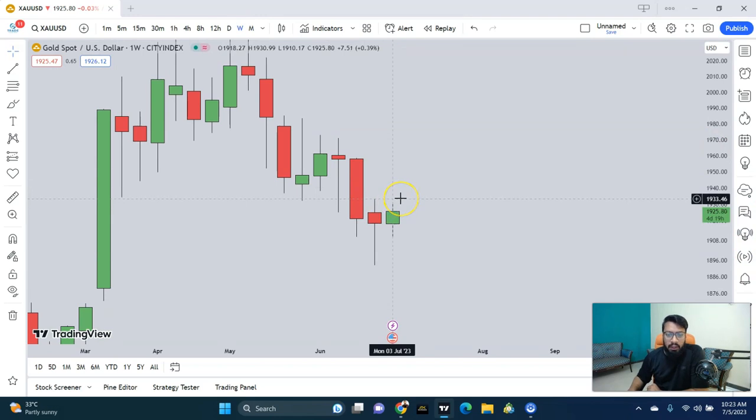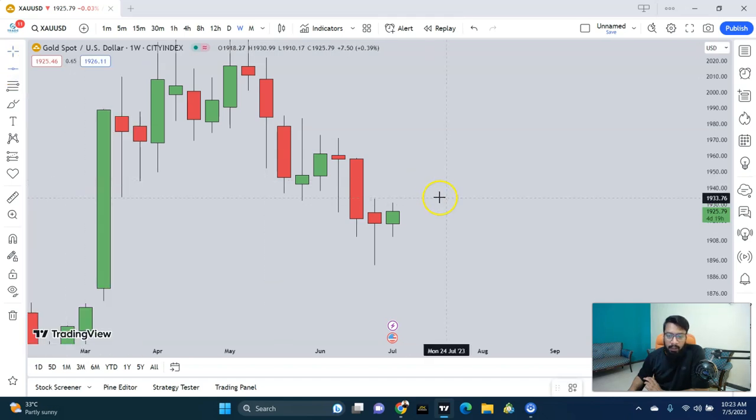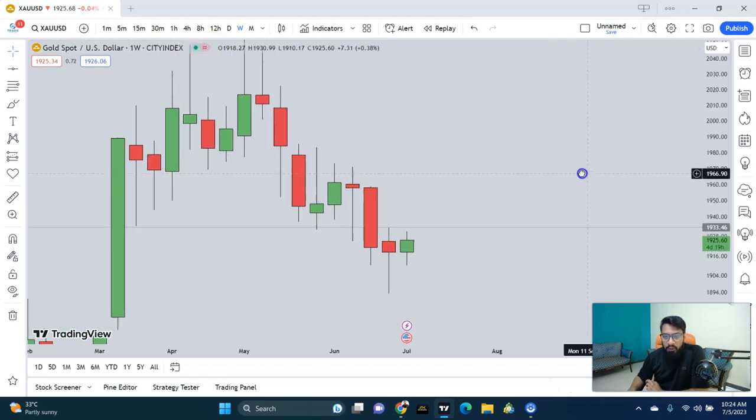Here, 1933, as tweeted on my Twitter, 1934 is the key critical region that I am eyeing. Basically, if this particular region gets broken, it means the overall trend on weekly will become bullish.